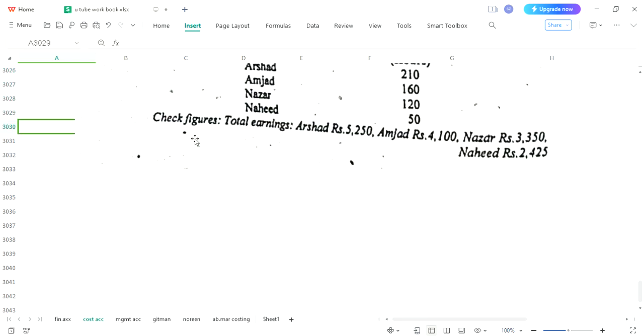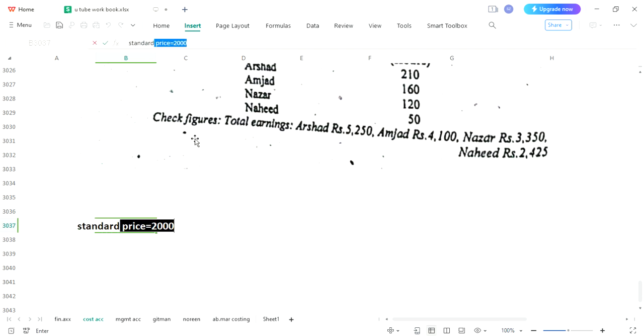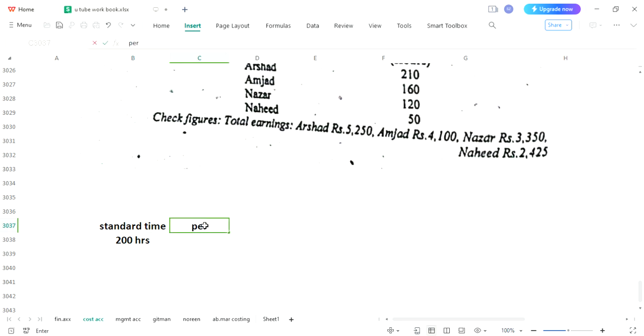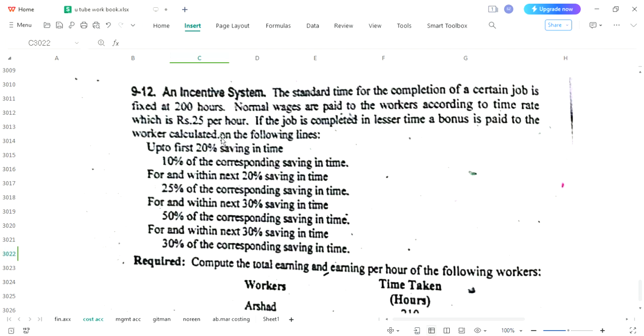For every worker, the standard time is given in the question, 200 hours, and the per hour rate is also given, that is 25 per hour.